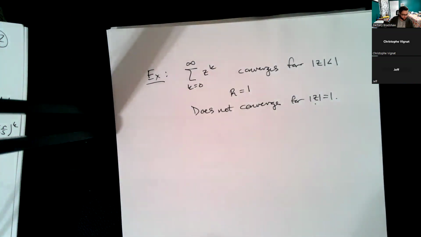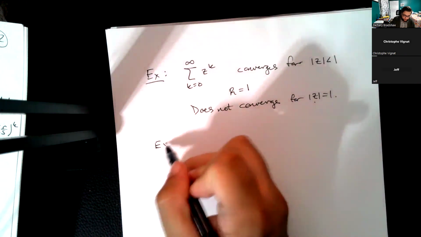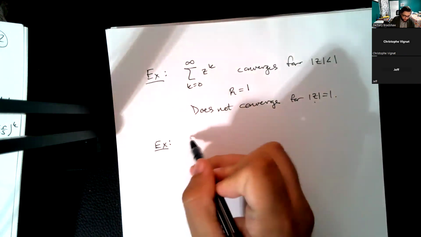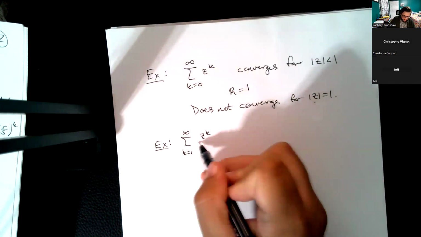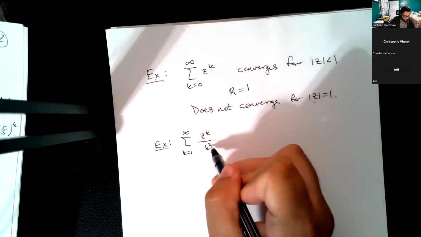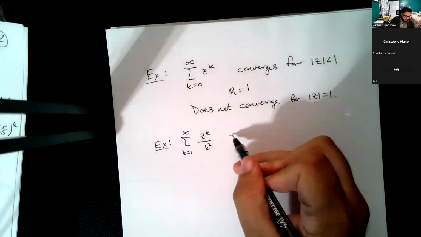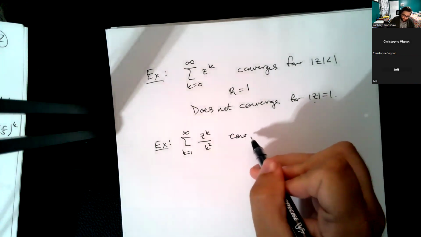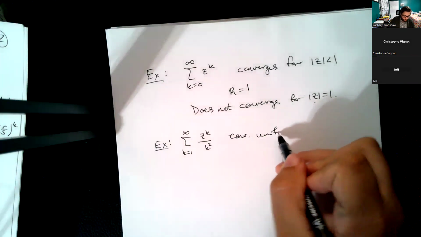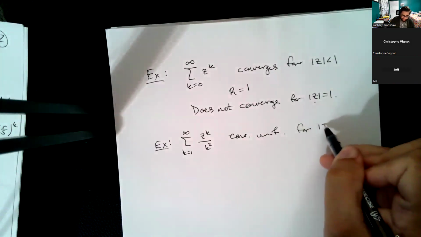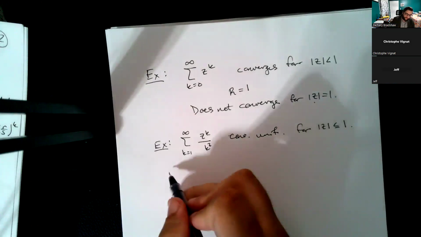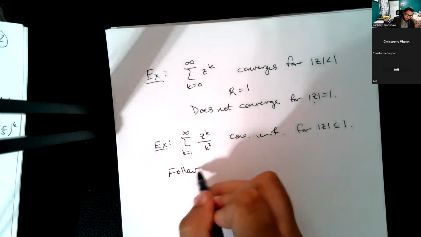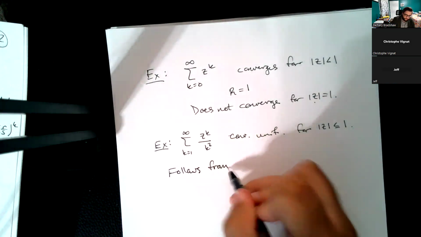Okay. Another example, which is less trivial, is z to the k over k squared. And this one converges uniformly for modulus of z less than or equal to 1. And this follows from the Weierstrass M test.